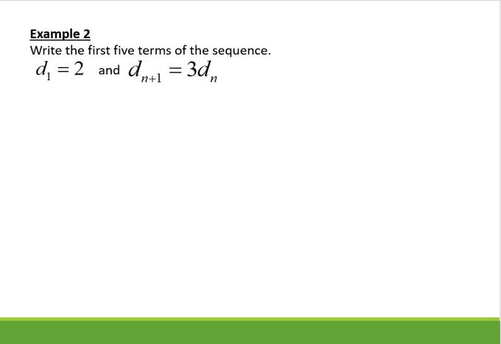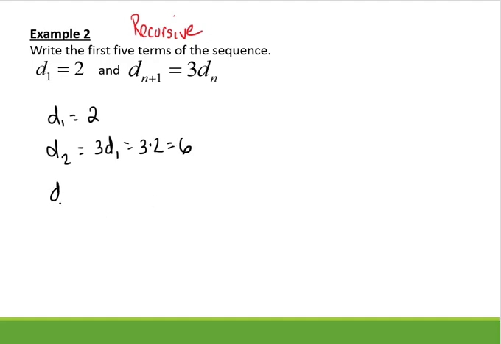In this case, this is a recursive sequence, so you deal with the previous term. They tell me my first term is 2. To get to my second term, the n plus 1 term, the 1 plus 1 term, you use the first term times 3, which is then 6.